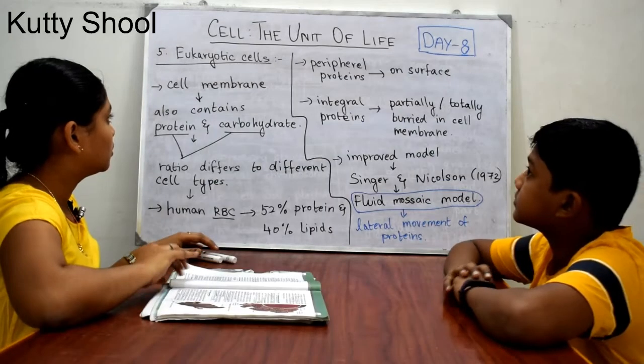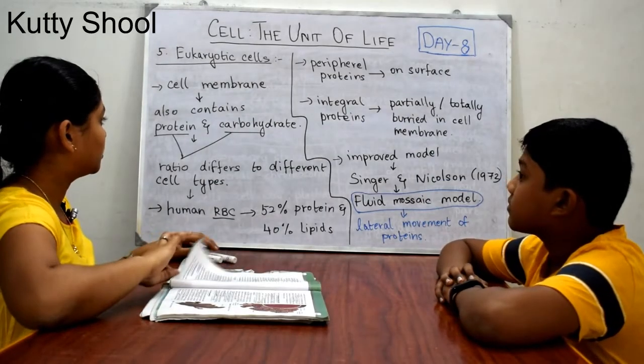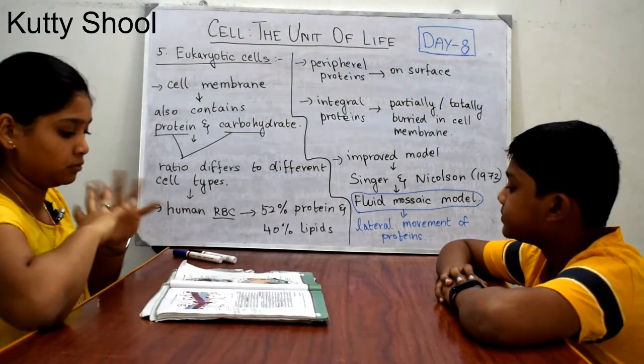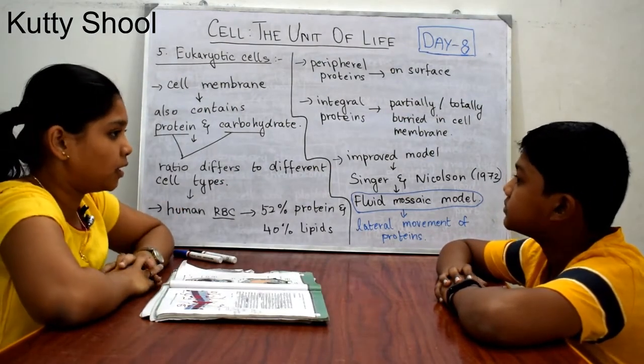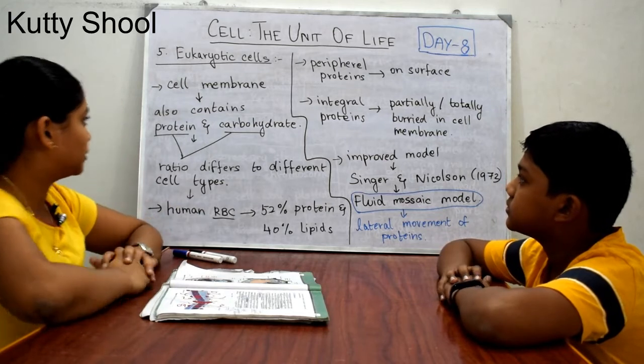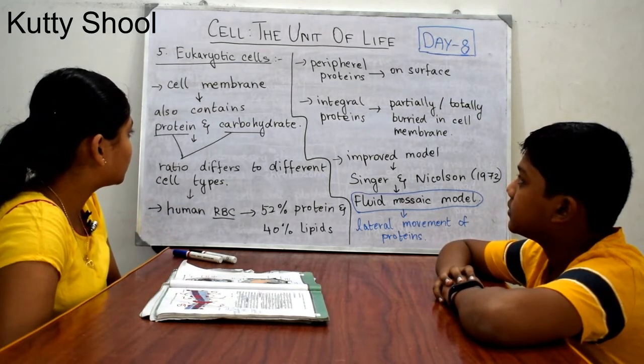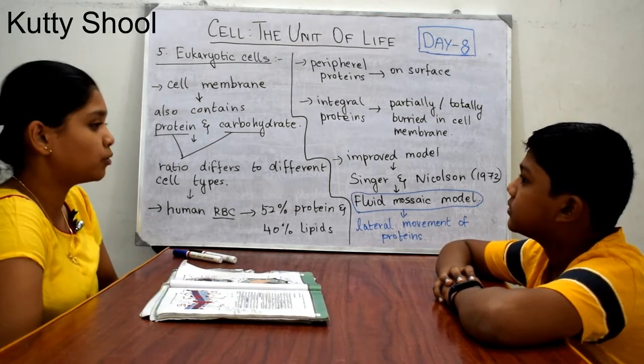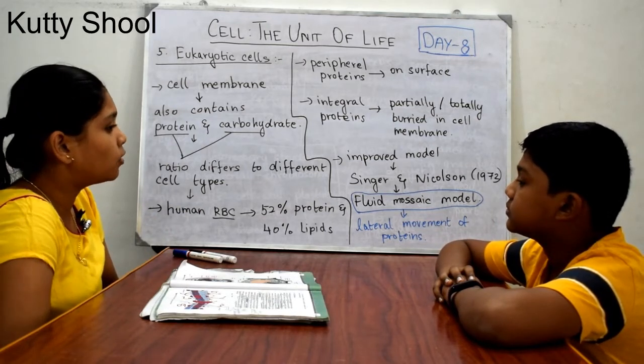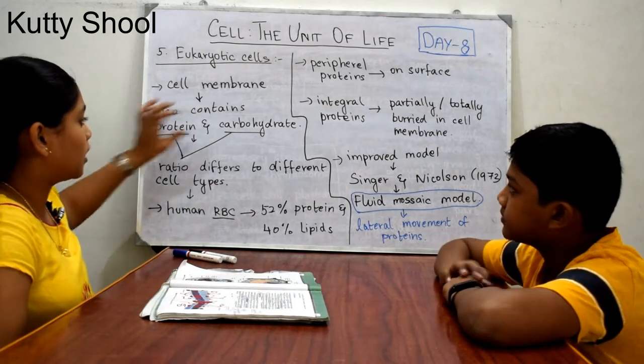We have already seen some points, and now we are going to see some more points on the cell membrane in eukaryotic cells. Other than the lipid bilayer, they also contain proteins and carbohydrates.